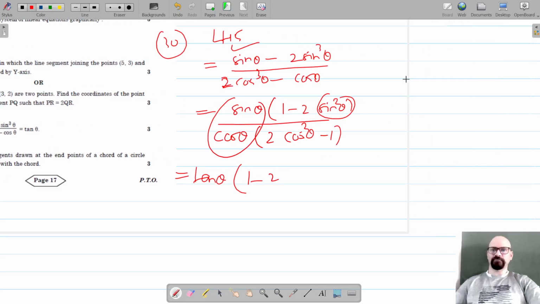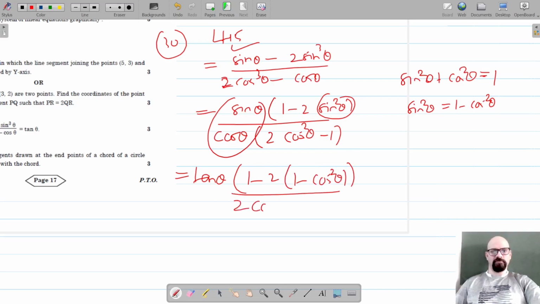We know that the first identity, sin square theta plus cos square theta is equal to 1, which gives me sin square theta is equal to 1 minus cos square theta. So this is 1 minus cos square theta upon 2 cos square theta minus 1.